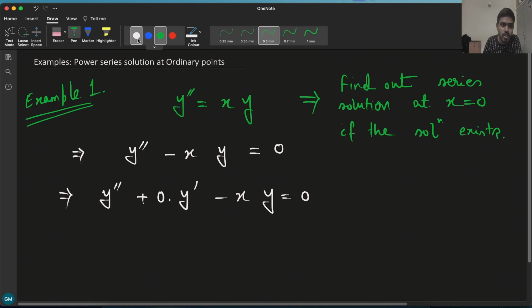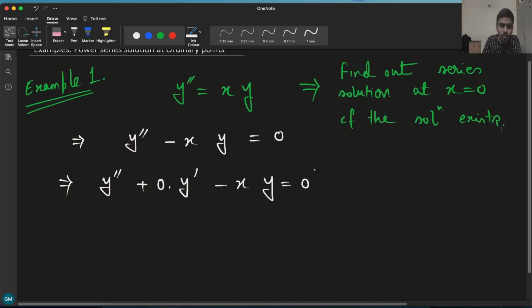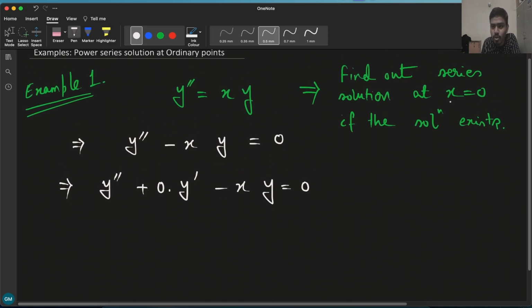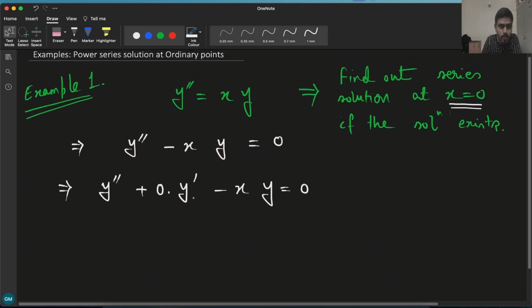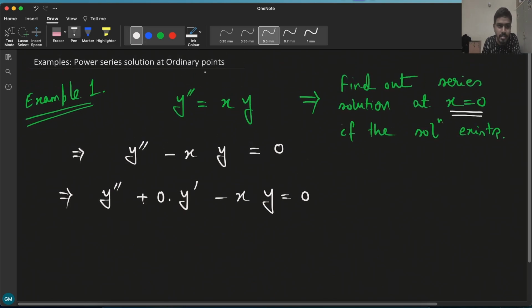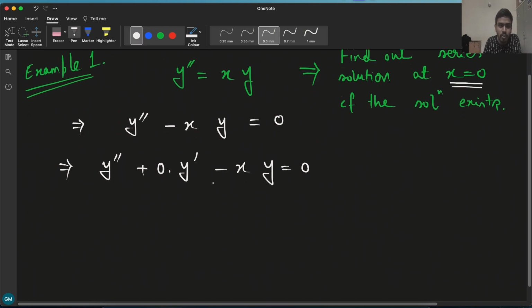Okay, so first of all we need to check whether x equals 0 is an ordinary point or a regular singular point. In those cases we can get a power series solution. As today's topic suggests, we will be solving around ordinary points, and you will see that x equals 0 is an ordinary point for this differential equation.